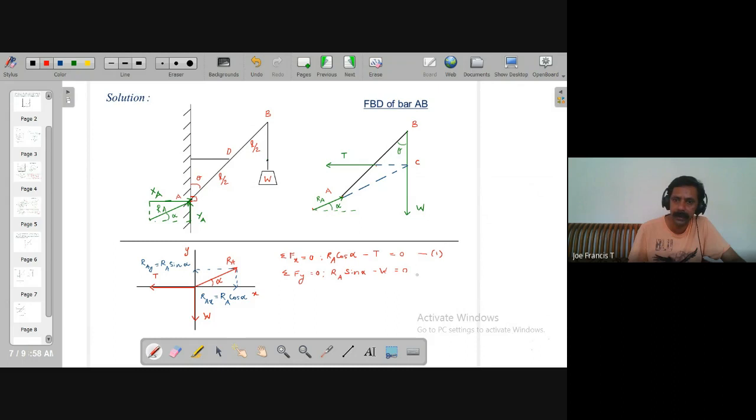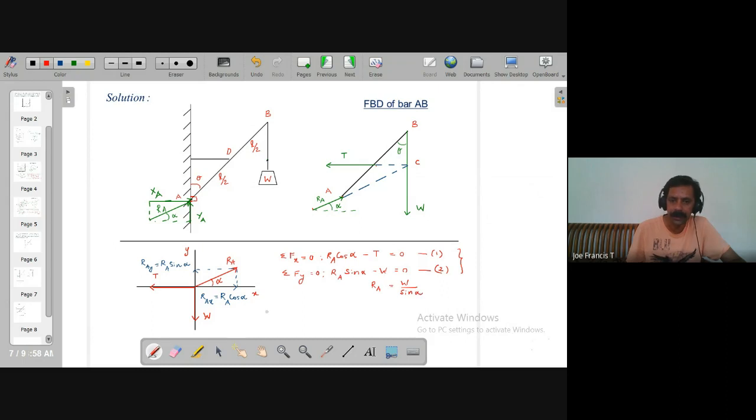You have equation number 2. Now you have to solve these two equations and find the value for T. From equation 2 you find that RA is W by sin alpha.